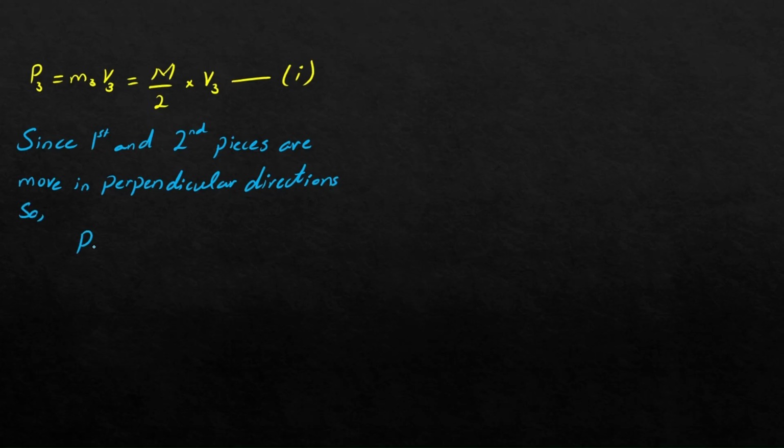Since the first and second pieces moved in perpendicular directions, P is equal to the square root of P1 square plus P2 square.